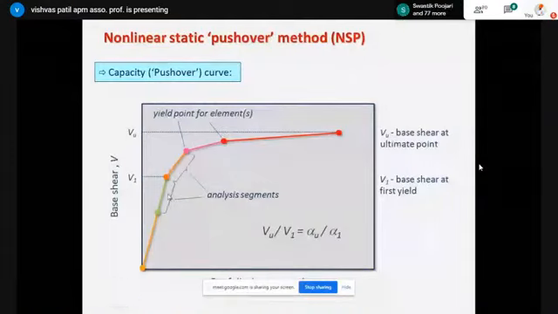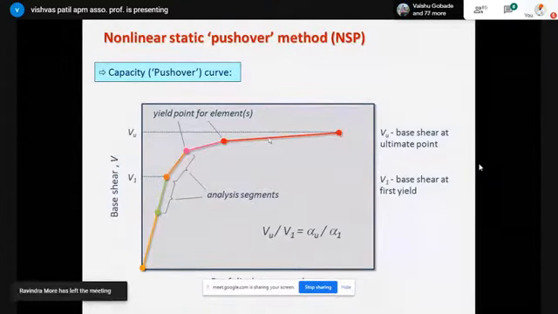Then again there is a reduction in the stiffness. The slope of this line gives the stiffness. It shows the maximum force here, and here there is a collapse. So this is a complete collapse, or complete capacity.